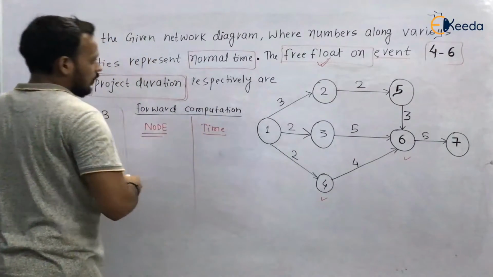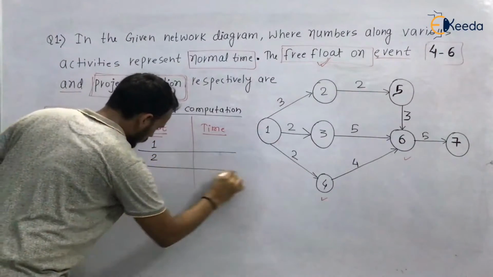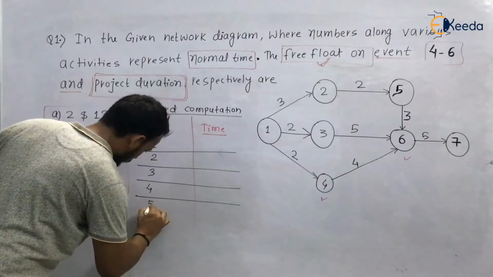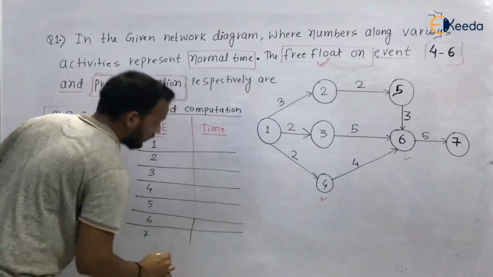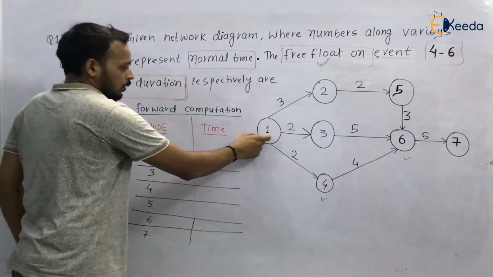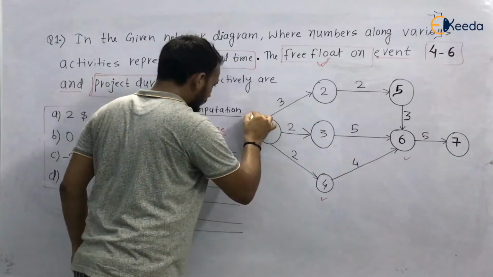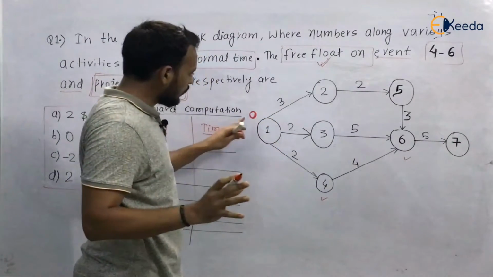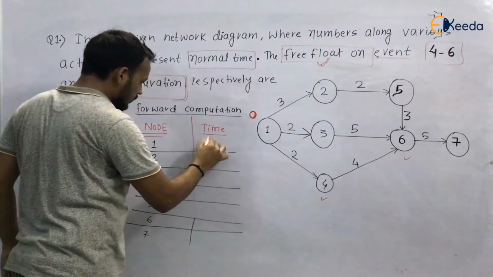We have nodes 1, 2, 3, 4, 5, 6 and 7. We have 7 nodes. So we will start from node number 1. The time will be 0, because we do not require any amount of time to start this event. So at node 1 the time is 0.